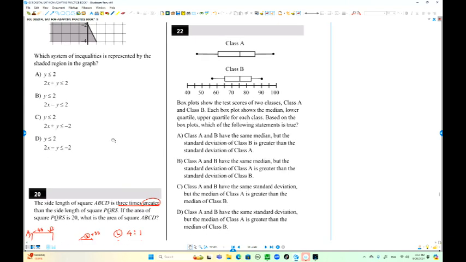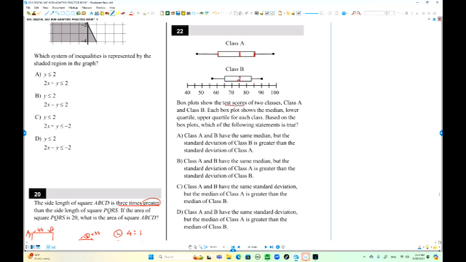All right, number 22. We have two box plots, Class A and Class B, showing the test scores. Okay, so this is the upper quartile, lower quartile. This is the median, not the average.